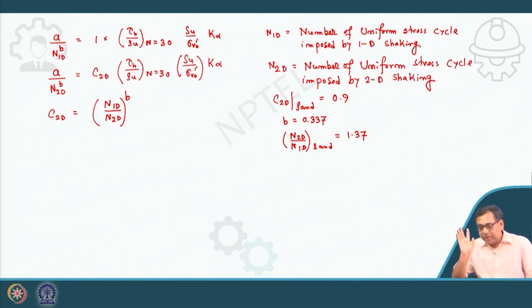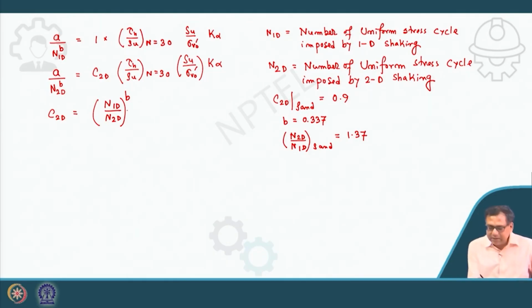Clear? So your 2D shaking has more uniform cycles than in case of 1D shaking. This is for sand.